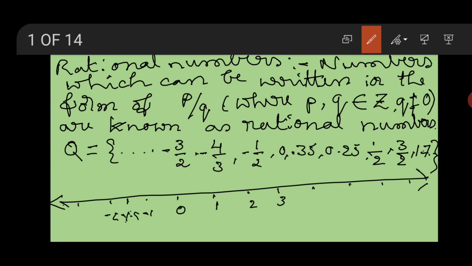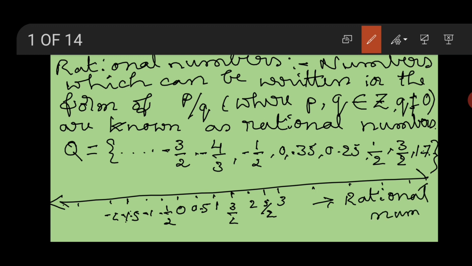Now if I write here -1.5 or -3/2, or here -1/2, here 0.5, like that, here 3/2, etc. Here 5/3, 5/2, etc. These are all what? Rational numbers. These numbers are rational numbers.